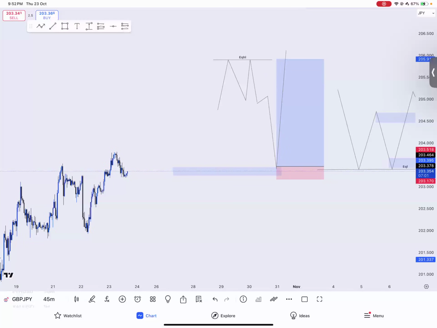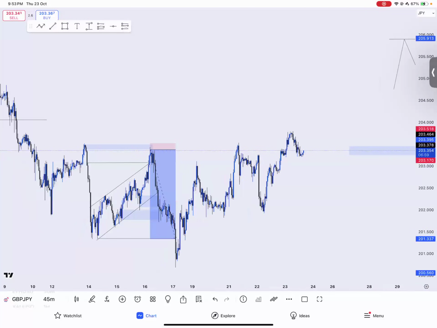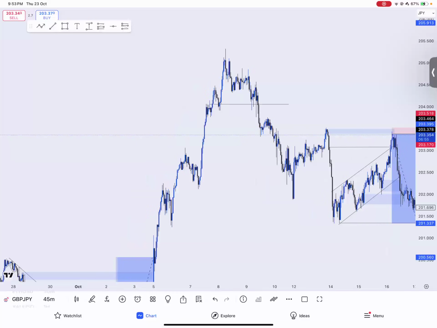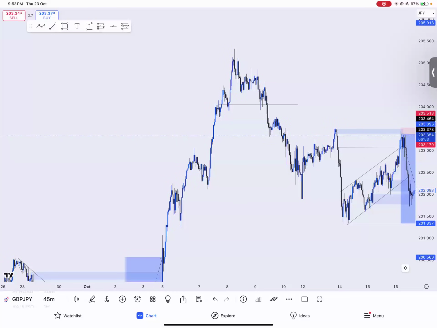So what I'm telling you guys is, wherever you spot a liquidity pattern, don't try to oppose that liquidity zone. Let's say a downtrend: a downtrend has liquidity at the upside, an uptrend has liquidity at the downside.